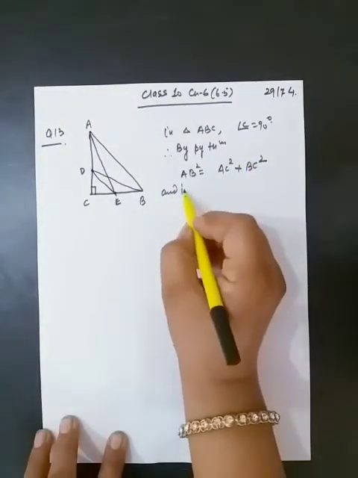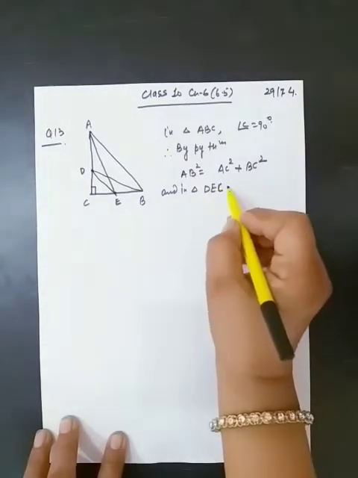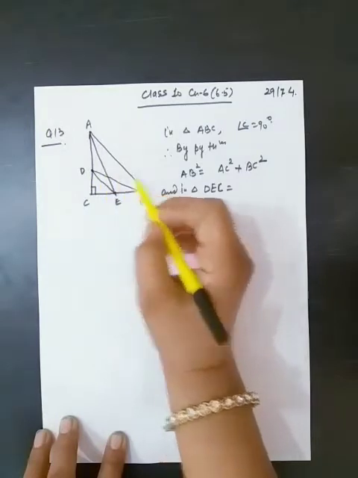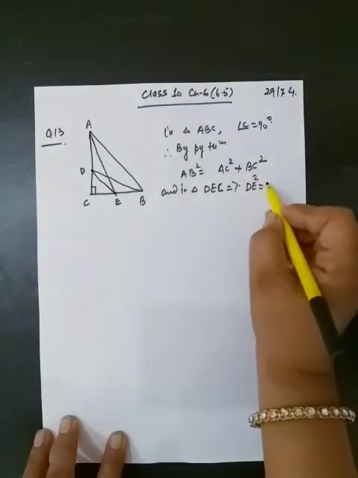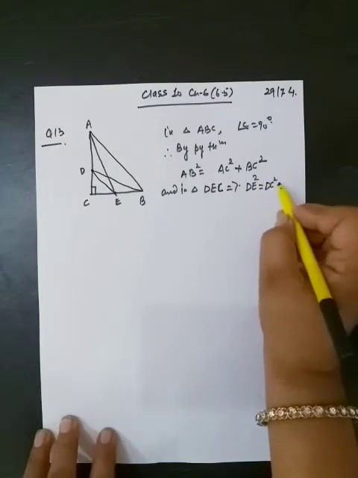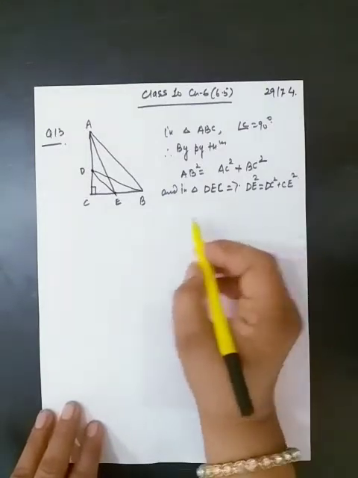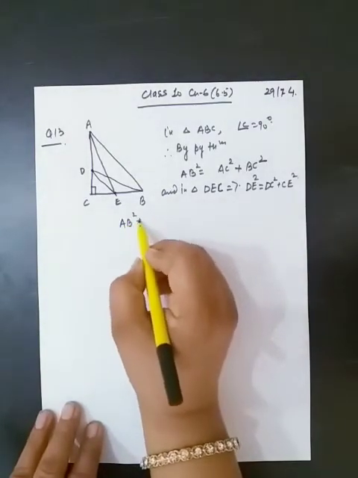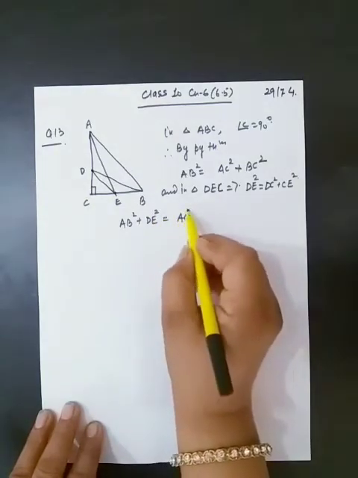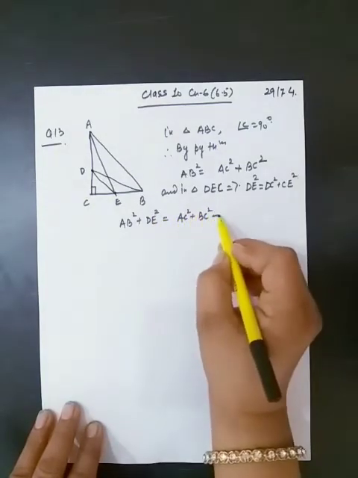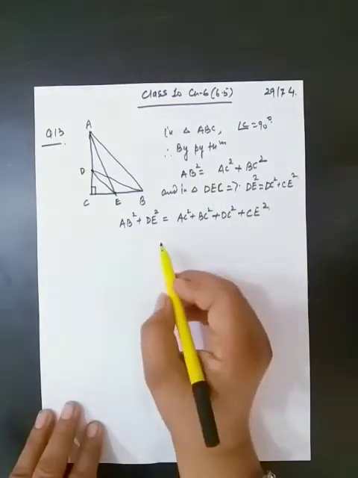And in triangle DCE, again this is a right angle triangle, so therefore DE square is equal to DC square plus CE square. Now adding these two we will get AB square plus DE square is equal to AC square plus BC square plus DC square plus CE square.